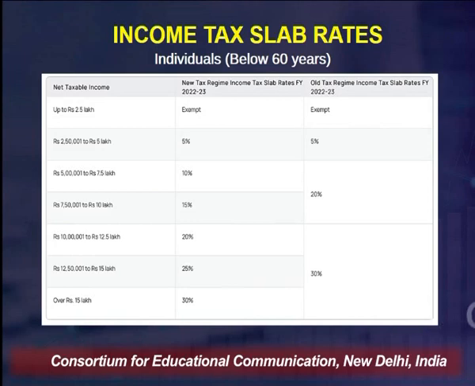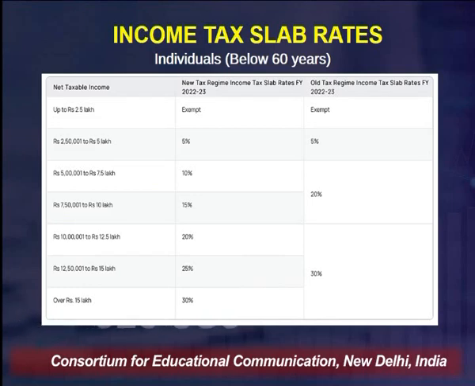If you have an income of more than 2,50,000 but less than 5 lakh rupees, you are supposed to pay tax at the rate of 5%, not on the entire 5 lakh but on the amount that exceeds 2,50,000. For example, with a net income of 3,50,000, your income up to 2,50,000 is exempted and you only pay tax on the excess income of 1 lakh rupees at the rate of 5%.